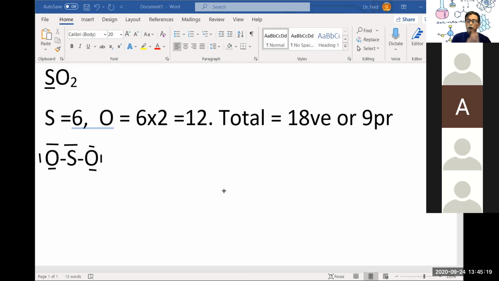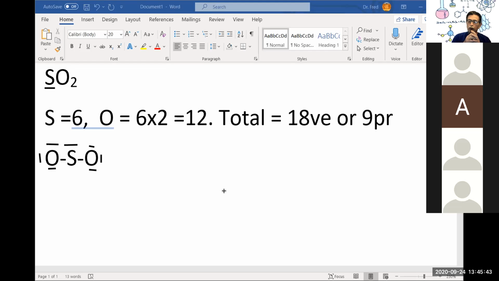Now I check the octet. The oxygens on both sides are happy because they have 8 electrons around them. But how many electrons are around the sulfur? 6. That's correct.